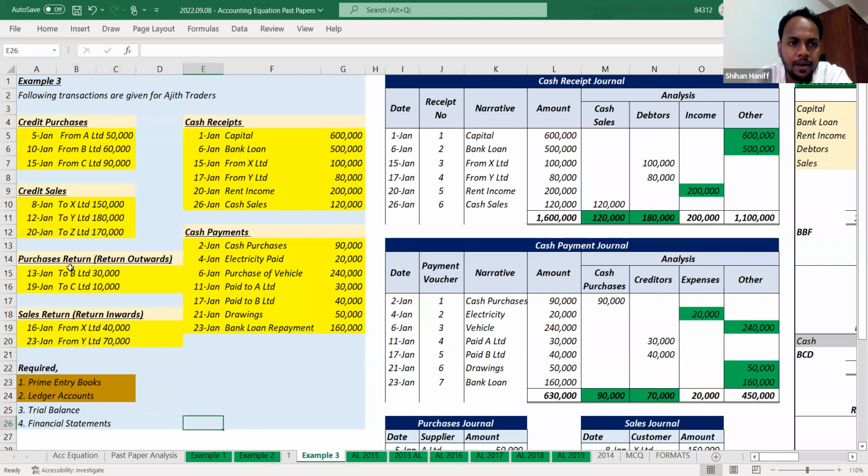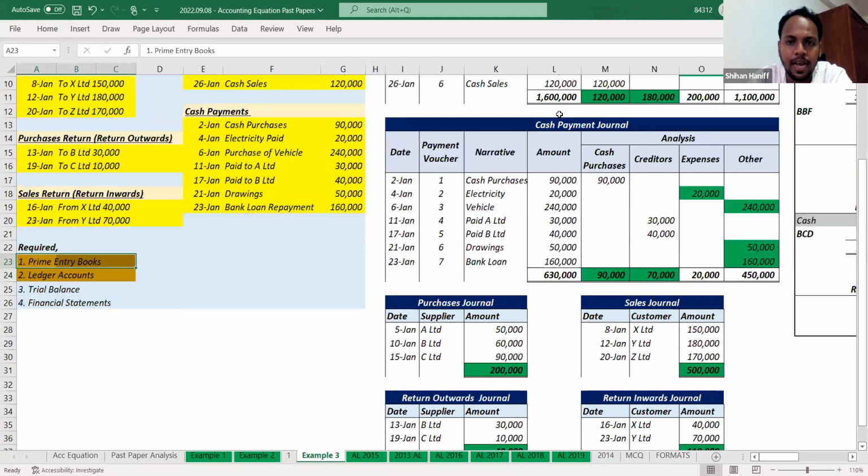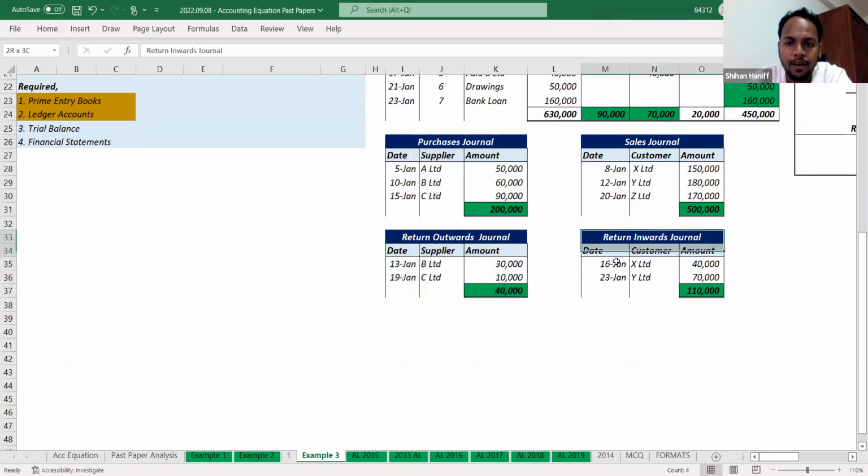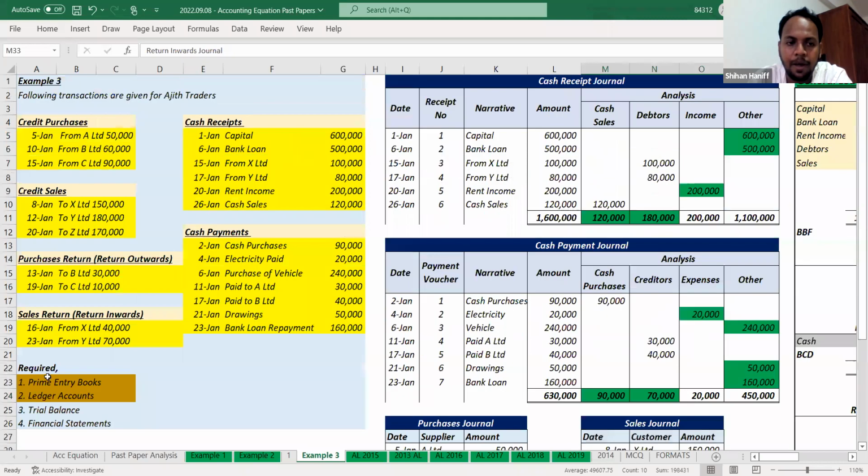Then we did the basic preparation of prime entry books: the cash receipt journal, cash payment journal, purchases, sales, return outwards and return inwards.